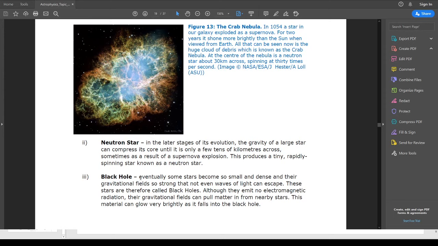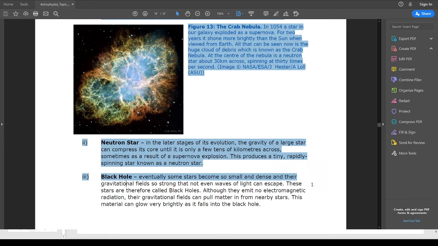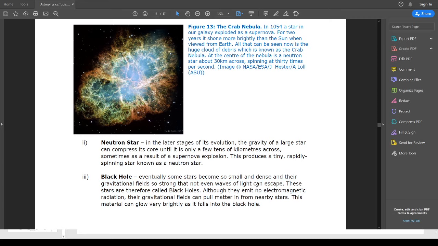Then black hole. Eventually, some stars become so small and dense that their gravitational fields are so strong that not even waves of light can escape. So if it becomes too small and too dense, for example, tens of kilometers but with a mass of approximately 5 solar masses, that's huge density, then the gravitational fields become so strong that not even light can escape.